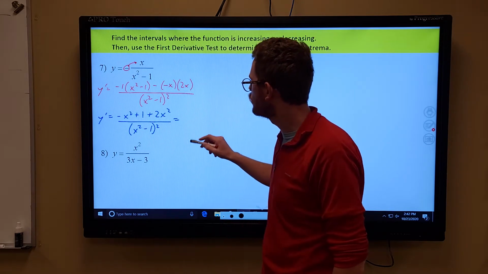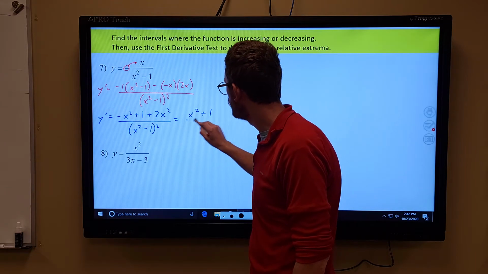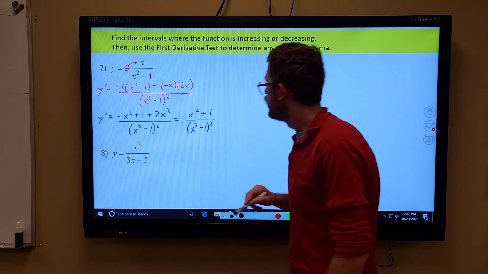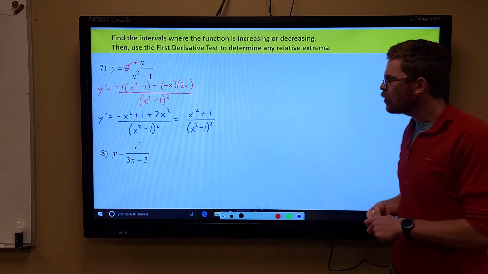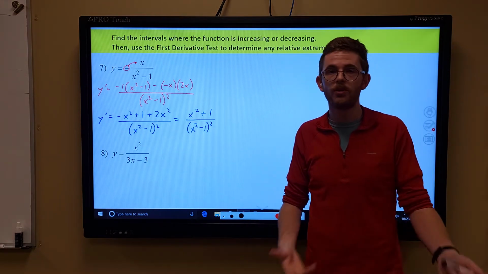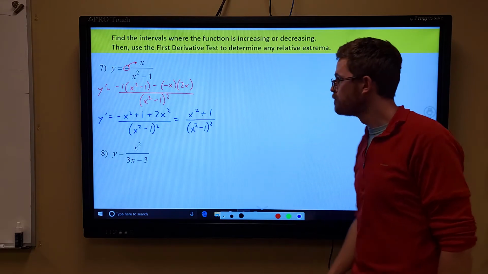And when I combine like terms on the top, I do have x squared plus 1 all over x squared minus 1 squared. All right, now once we take our first derivative, and notice when it's simplified, that it's going to be pretty easy to work with compared to that right there in red.